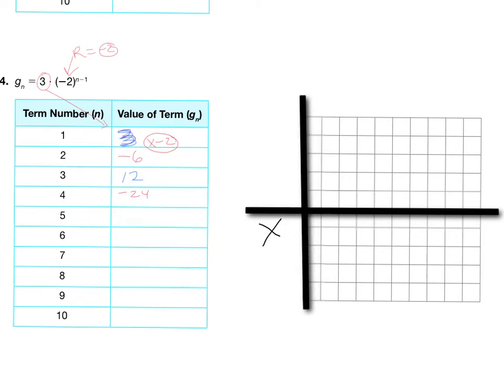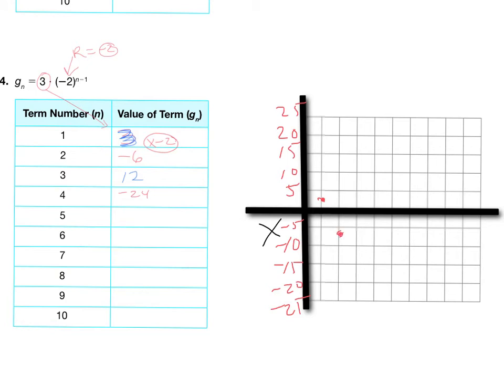So the first term was 1, 3. So let's say right there, that's 1, 3. If these are by 5s, remember? And this is -5, -10, -15, -20, -25. So that's the first one. The second one's 2, -6, right there maybe, somewhere.